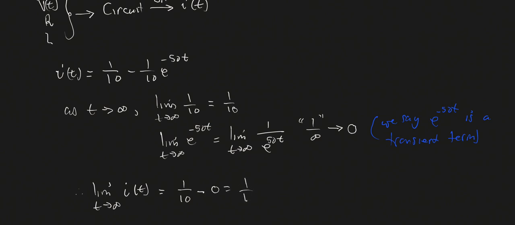So it approaches 1/10 amps. And whenever your current approaches a non-zero constant, we refer to that constant as the steady state current.